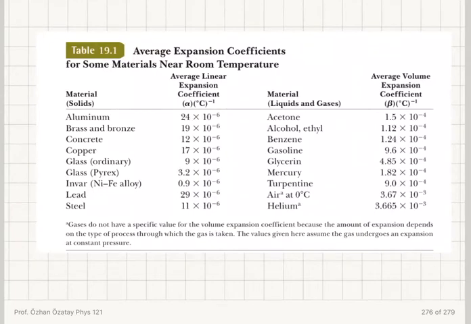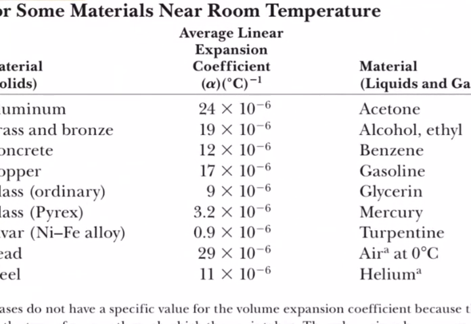For example, here you can see a list of values for aluminum, brass, concrete, copper, etc. You can see that this linear expansion coefficient, average linear expansion coefficient, because it may depend on direction in the crystal, is of the order of 10 to minus 6 per degree Celsius.